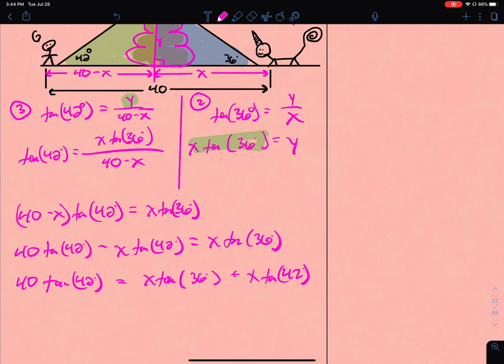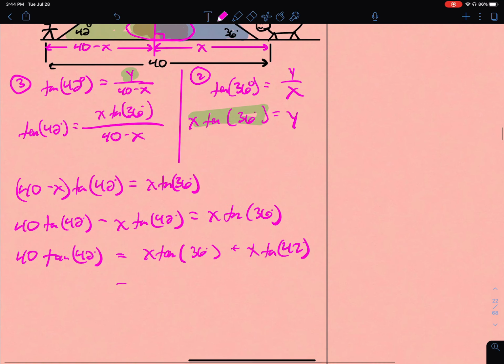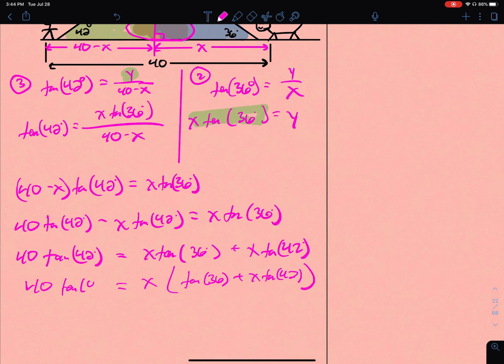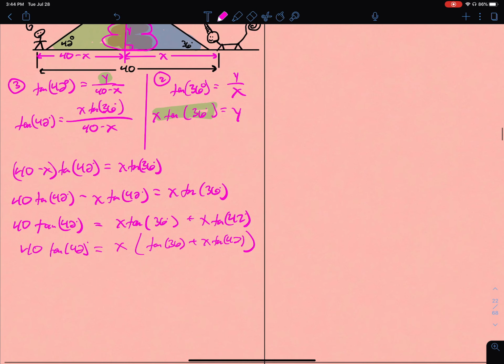We need to get one x in this problem. There's two x's. There's one here and there's one here. We can easily fix that by factoring an x out of each of those terms. So if I GCF an x out, now we only have one x in the problem. We are now going to divide both sides by this hot mess.